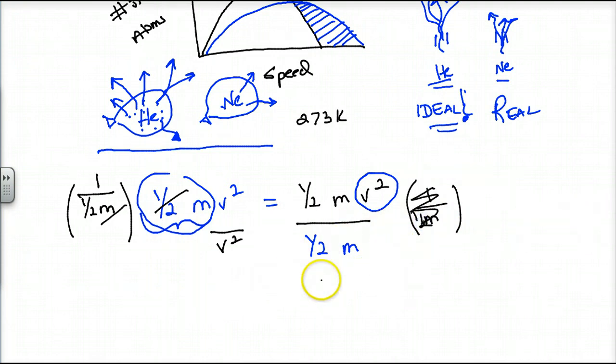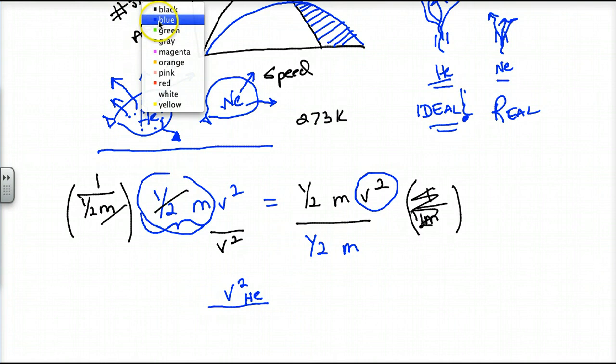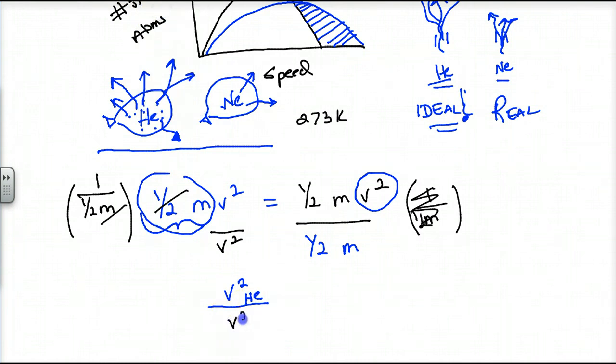Let's rewrite this. What I have is v squared, which is the helium's rate, over v squared of the neon. So we look at the velocity of helium compared to the velocity of neon. Now what does that equal?